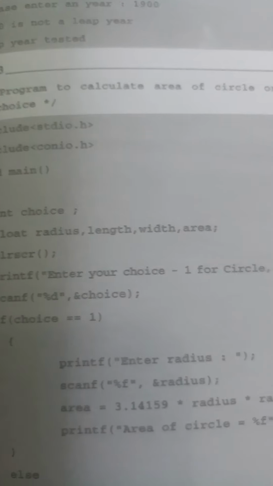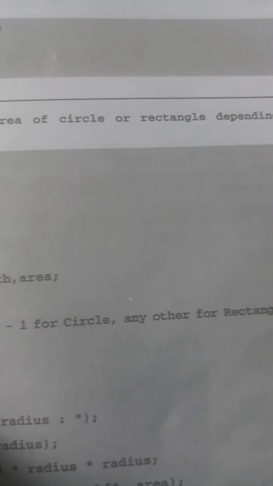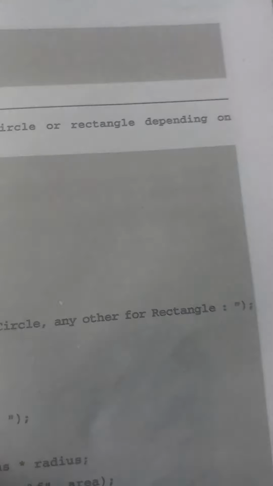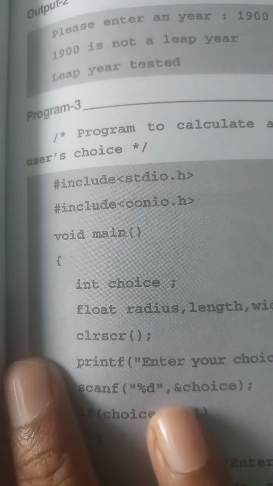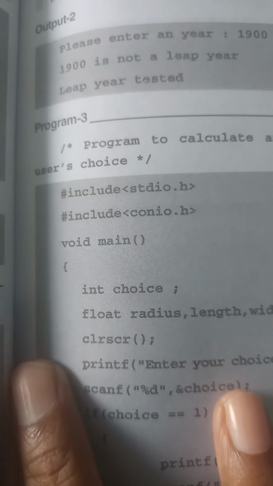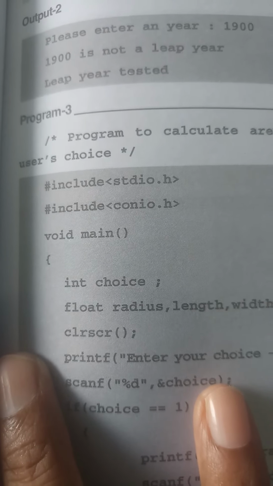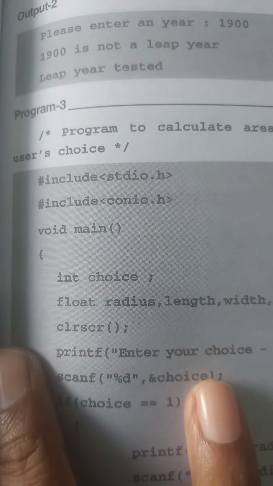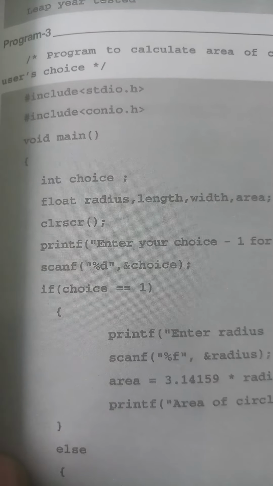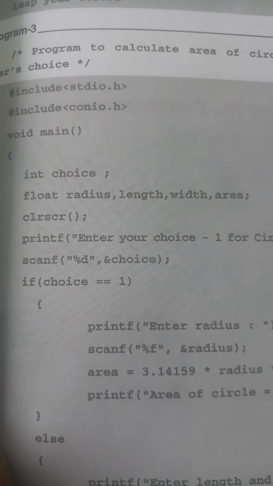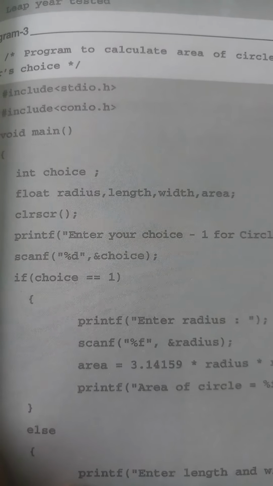Next, program to calculate area of the circle or rectangle depending on user's choice. #include <stdio.h>, #include <conio.h>, void main, int choice, float radius, length, width, area.